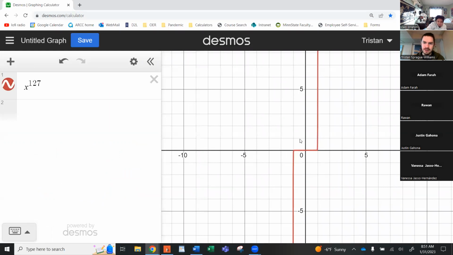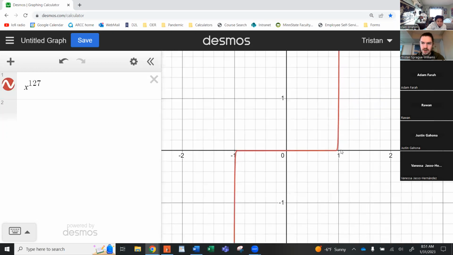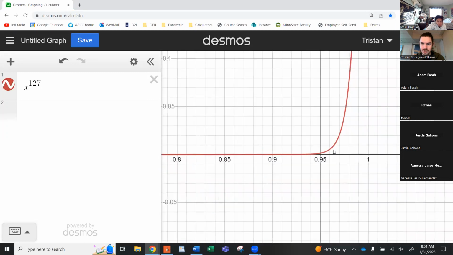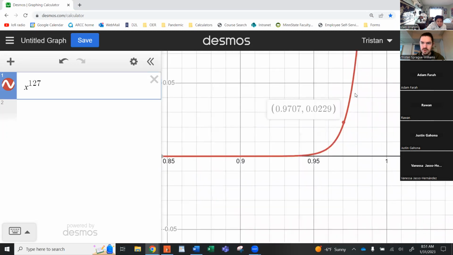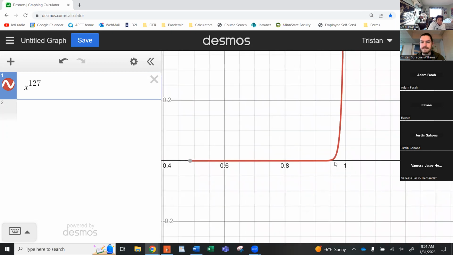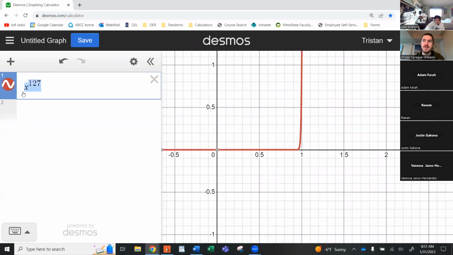It looks like it turns two sharp corners. But these are not actually sharp corners. These are actually smooth corners. And the way you can tell is if you zoom in sufficiently, you can see that it looks smooth. And this function is differentiable.